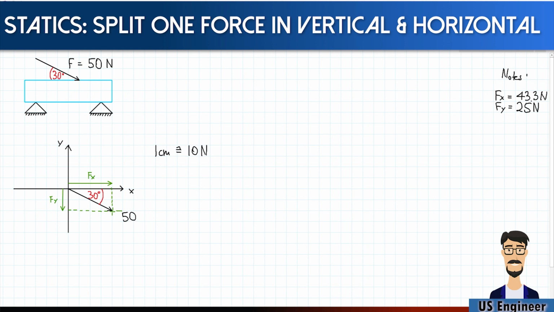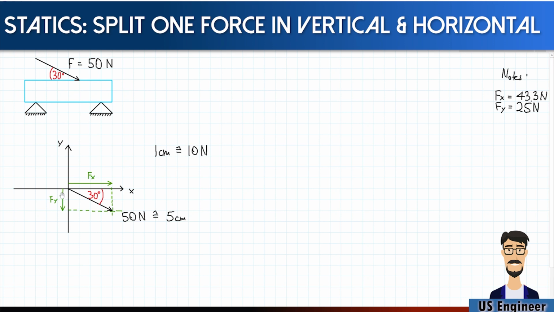So let me write down 50 Newton is equivalent to a length of not 5 meters, but 5 centimeters. Okay, because we've established that 1 centimeter is equal to 10 Newton. And if you have done that, then all you need to do is to measure the lengths of Fx, of this arrow, and of this arrow using your ruler.